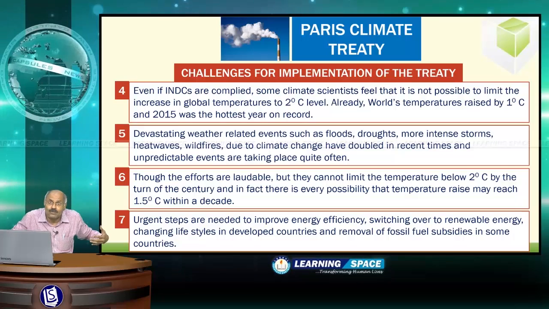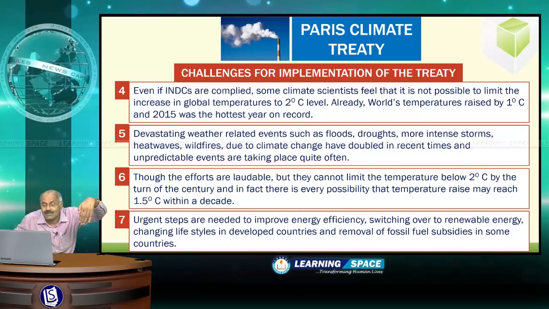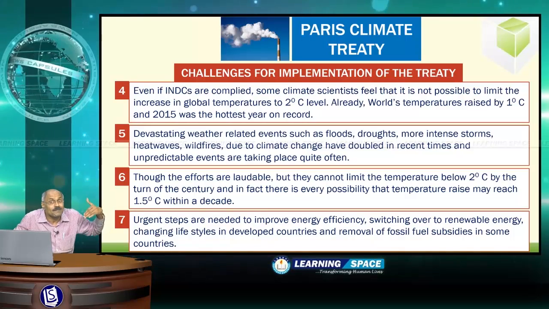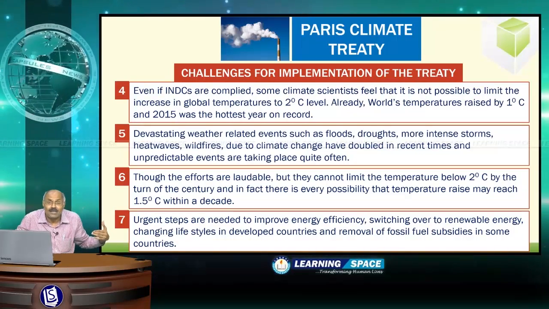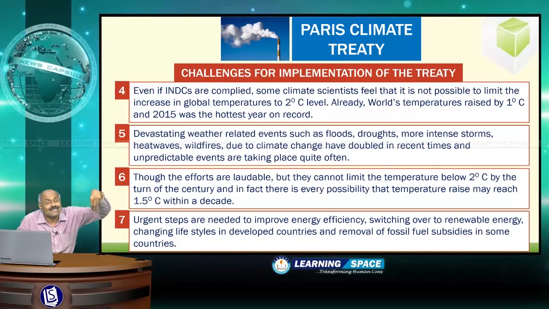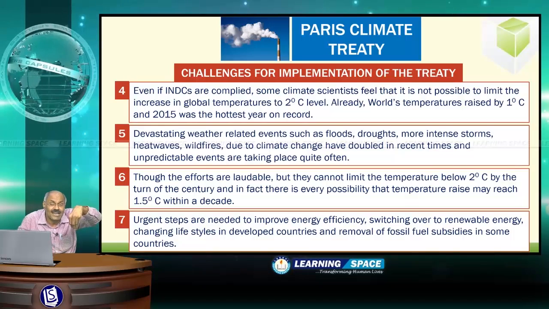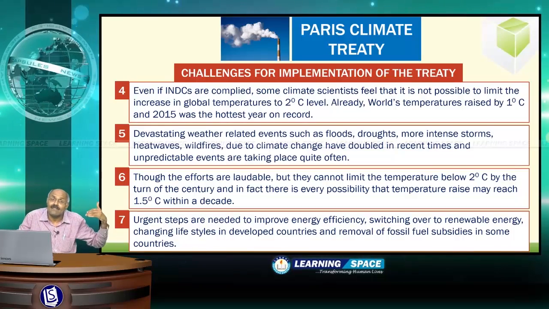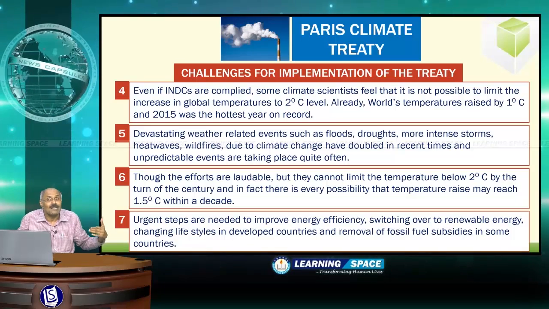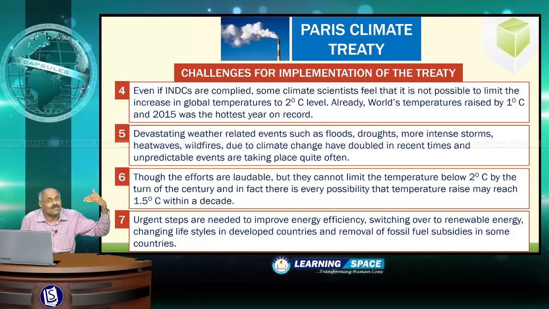So they have to change their lifestyles. Then some countries are resorting to fossil fuel subsidies and they have to be removed. India has done the right job by imposing a rupees 400 cess on burning of coal per each ton. So like that, each and every country has to take steps to discourage the use of fossil fuels. So these are the challenges for implementation of the treaty.